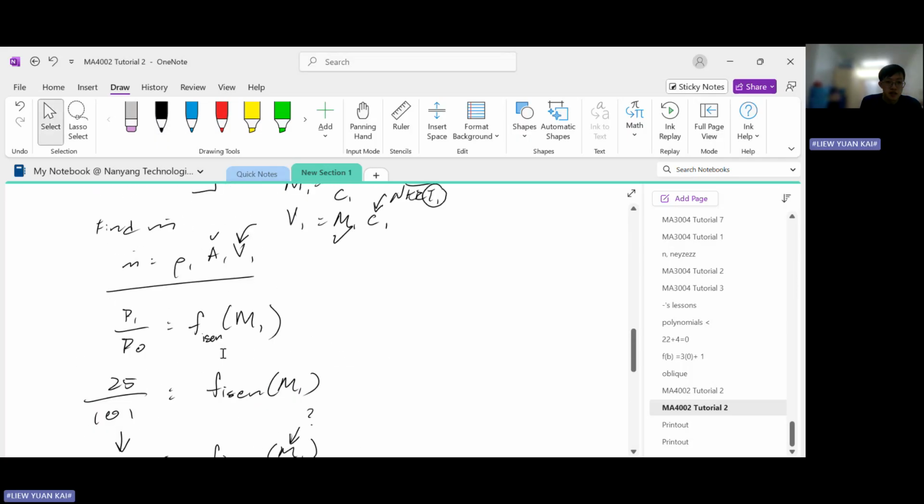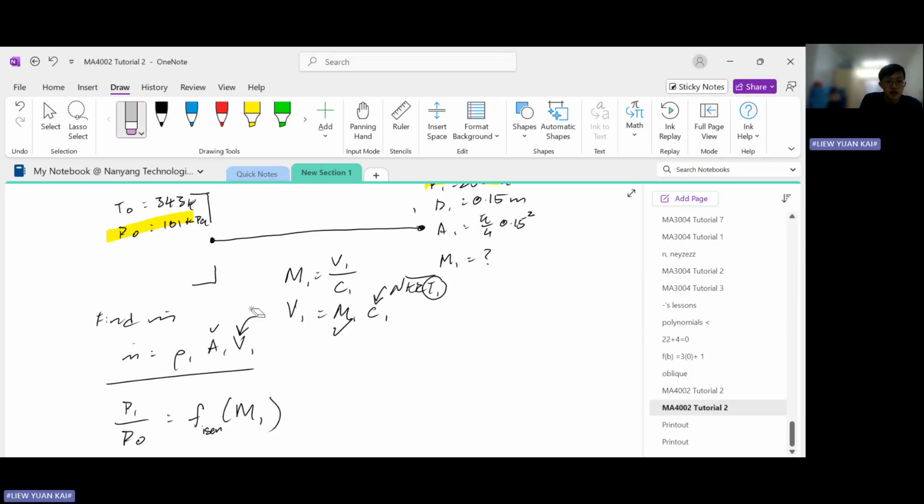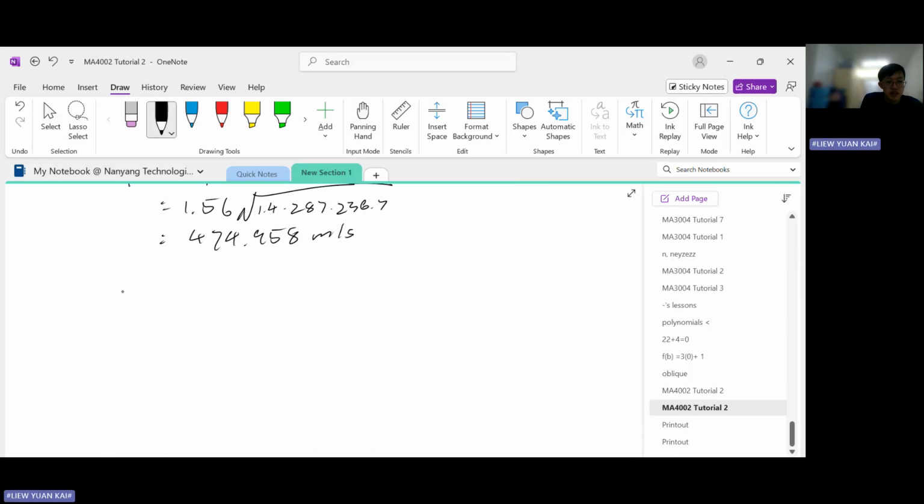What else do we need to find? We already found velocity. Now we need to find the density. How do you find density? Density is found using the equation of state, otherwise known as the ideal gas law: P1 is equal to rho R T. We can rearrange this to make rho the subject and substitute the known values.